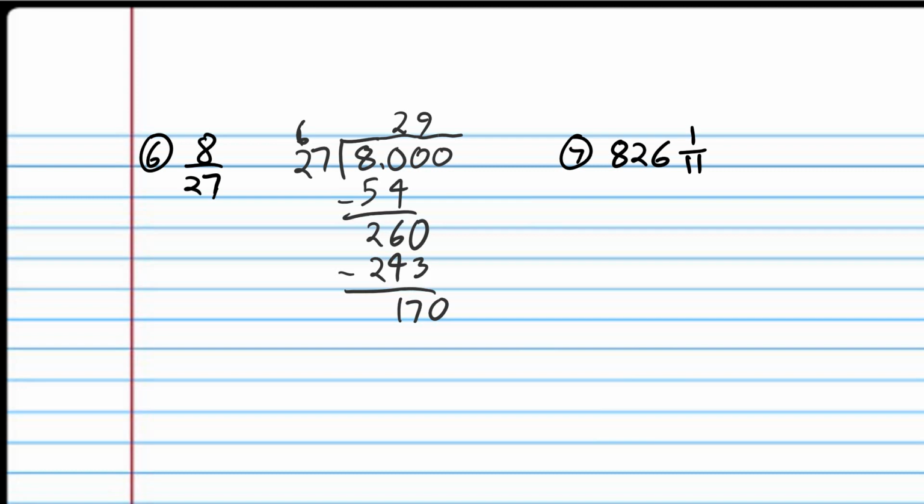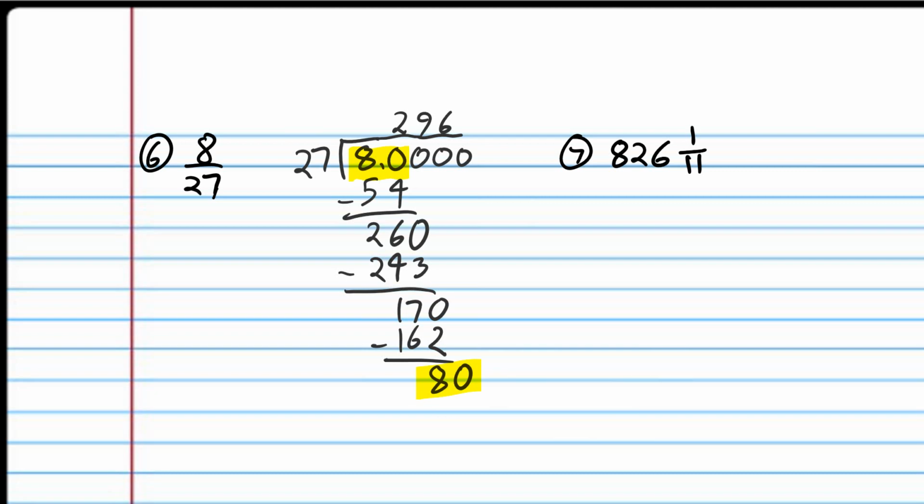I'm going to say 6 times. 6 times 7 is 42. Carry the 4. 6 times 2 is 12, plus 4 is 16. Subtract. Bring down a 0. And then as you can see, it looks like this is just going to start over again, because we already have an 80 here, and now we're starting with an 80 again.